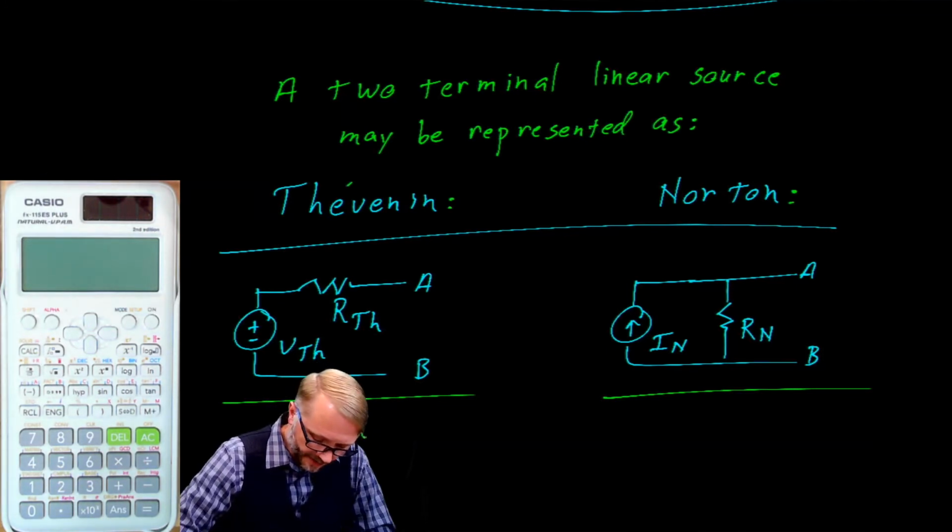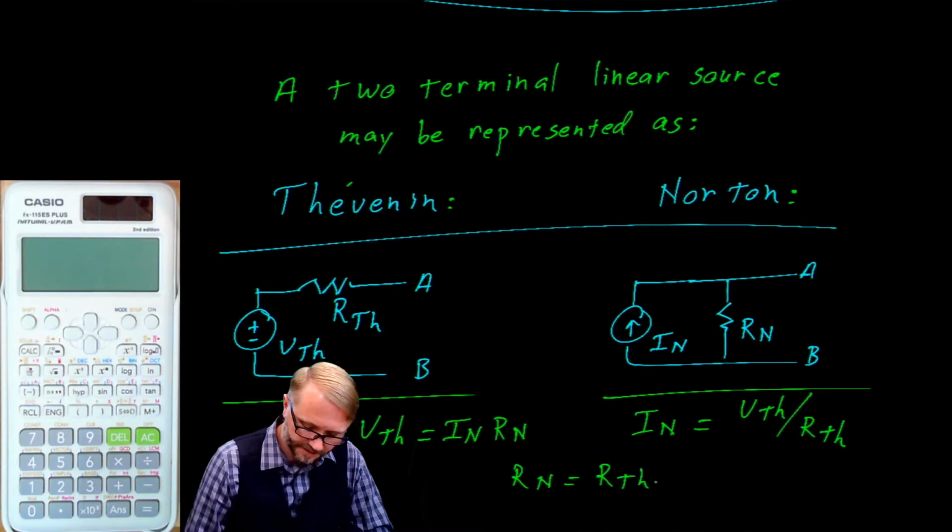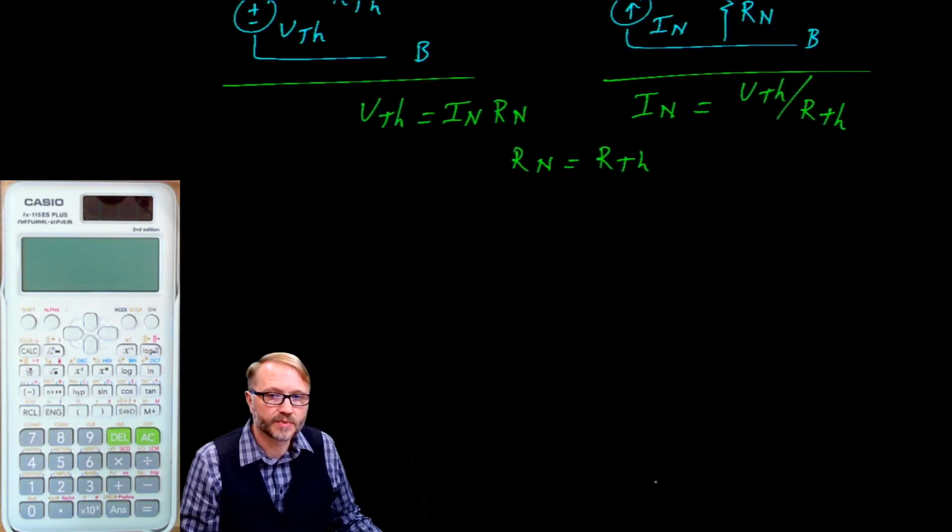You may recall that the Thévenin voltage is equivalent to a Norton current times a Norton resistance. A Norton current is equivalent to a Thévenin voltage over a Thévenin resistance, and the Norton resistance is equal to the Thévenin resistance. Here's an example with a capacitor.